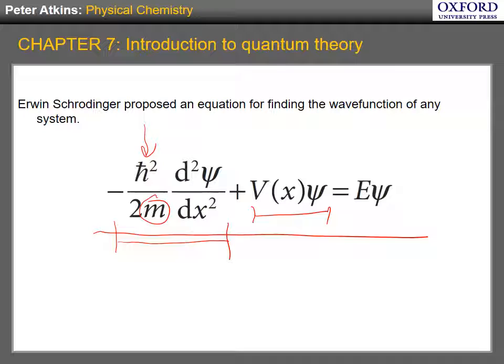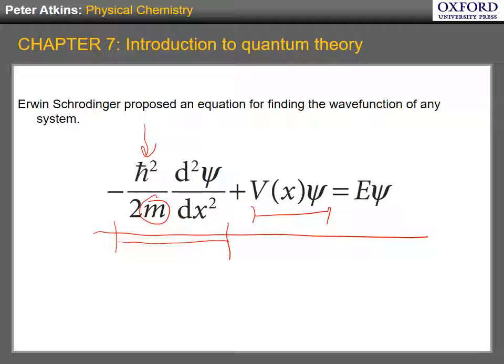Now, we can solve this equation for many different systems, a number of important cases, but in this particular course, in which we're more interested in chemical physics, we will look at it from the perspective of quantization of energy.